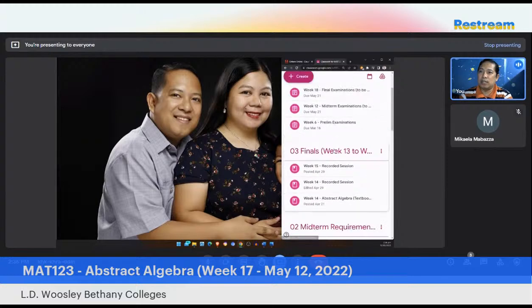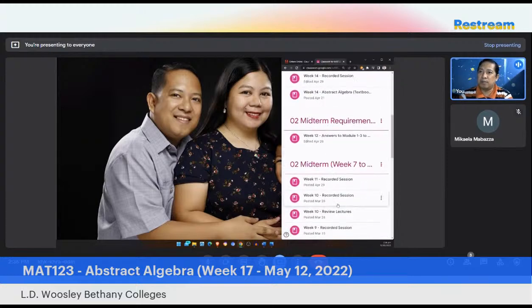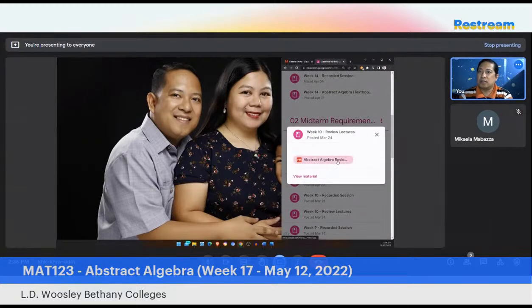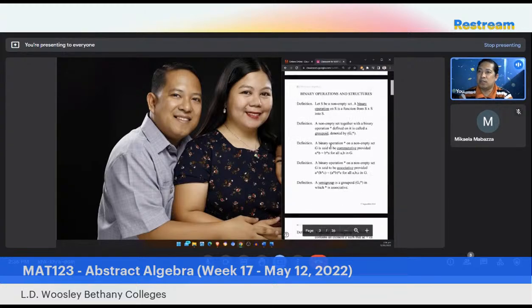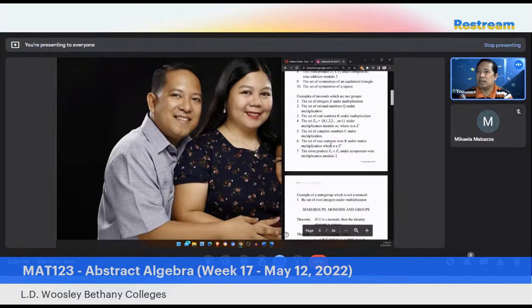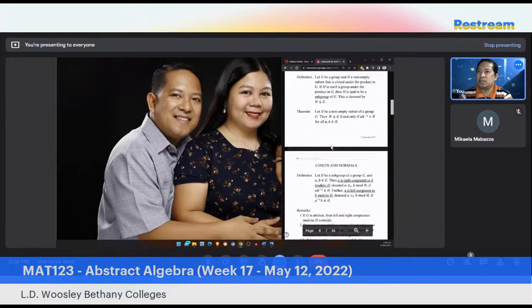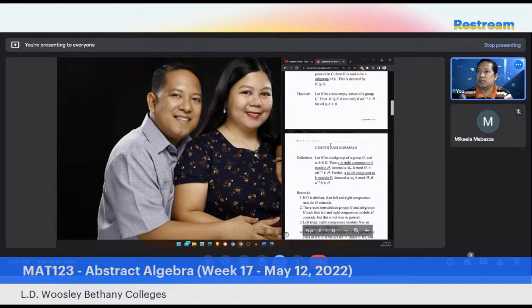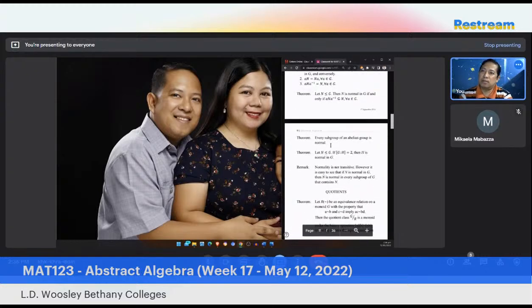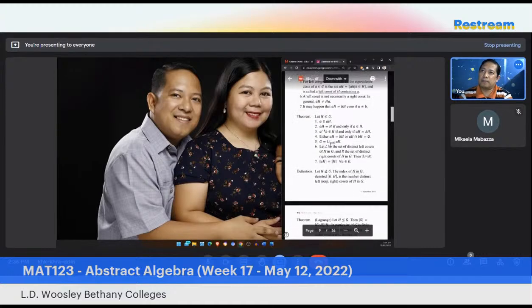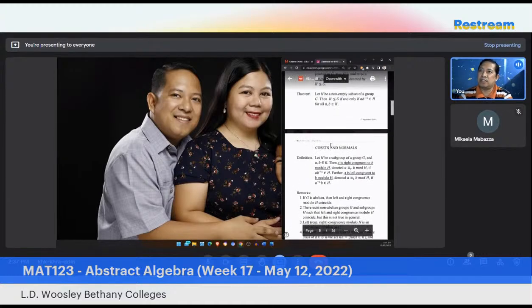I will also include, of course, the textbook, which is there already, and the review lectures. Not all, but some portions only. So the review lecture will go until, let me see, the coverage here will be just until page 7.